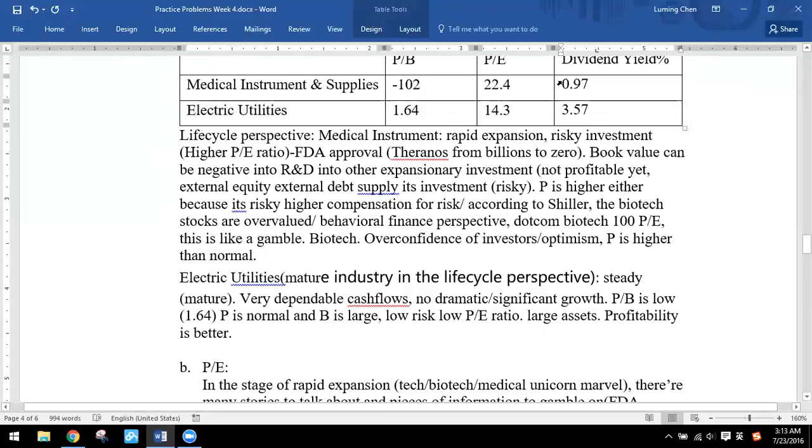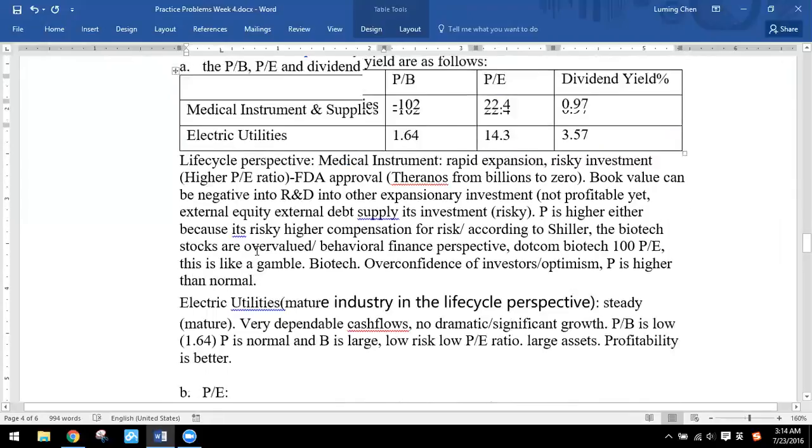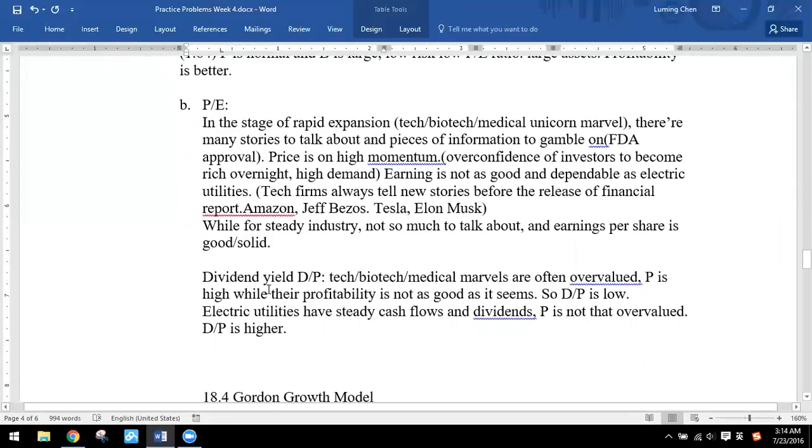So the dividend is not as good as the electric utilities. More important, the price is overvalued for those biotech marvels. So the dividend yield is lower than electric utilities. Electric utilities have steady cash flows and dividends, and P is not that overvalued. So D over P is higher.